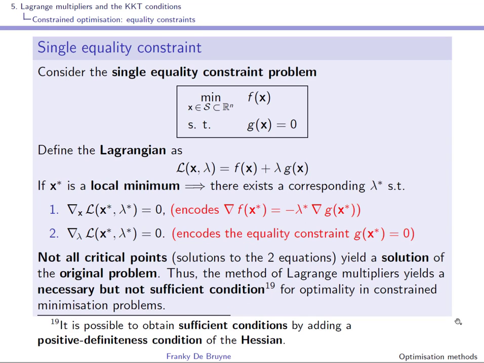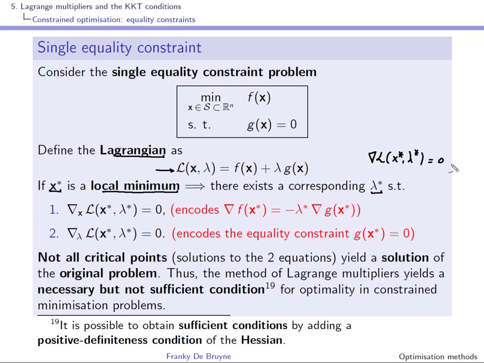If you define the single equality constraint problem that you have over here and define the Lagrangian function as follows, well, then we have just seen that if x star is a local minimum to this constraint problem, then there exists a lambda star such that the gradient of this Lagrangian function evaluated in x star, lambda star is equal to 0.